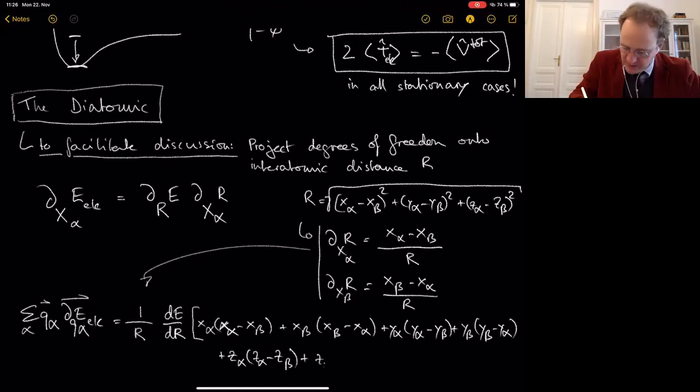So this results from the inner product of your Q, so the X, Y, C, for alpha and beta with these derivatives we have above.